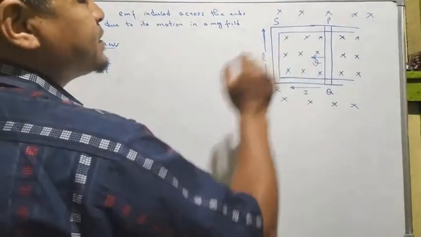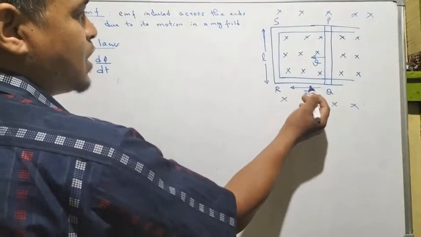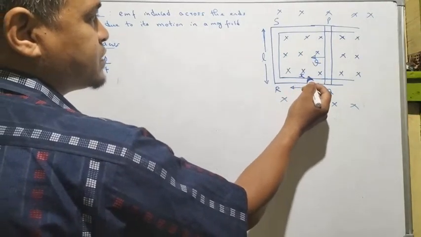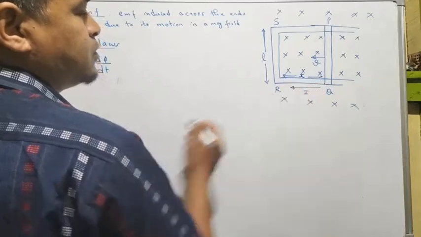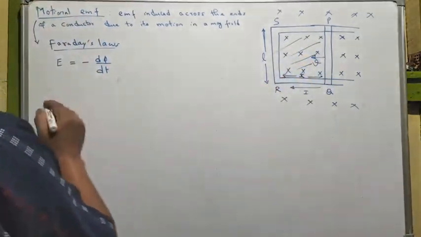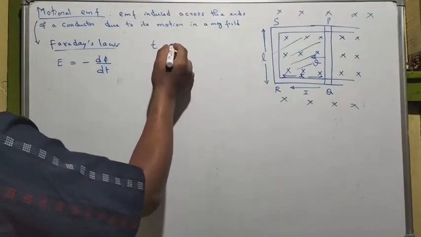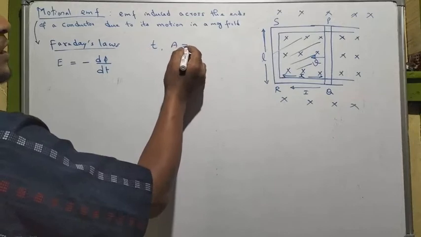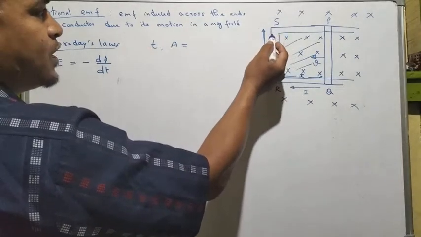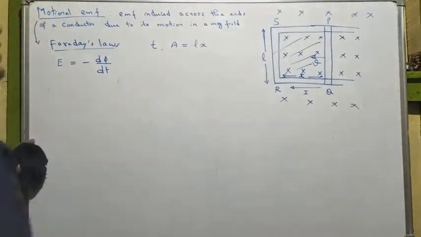This EMF can be obtained in this way. Let's say at any instant of time, the side QR is small x. Now what is the area of this loop at any time t? Let's say the area is A. Using this formula, it will be length into breadth, which means L into x.